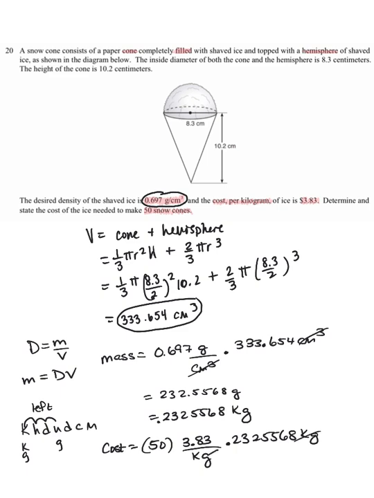So this crosses out, and then you just end up with a decimal number. Okay, so let me pause that and type that in, and we're going to round to the nearest hundredth because we're dealing with money. So the cost is $44.53.